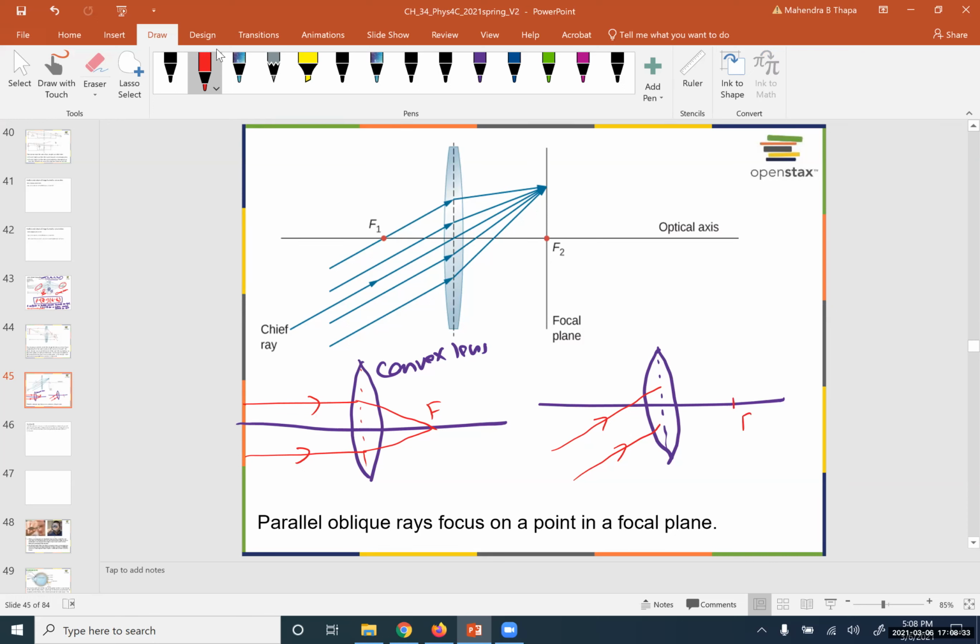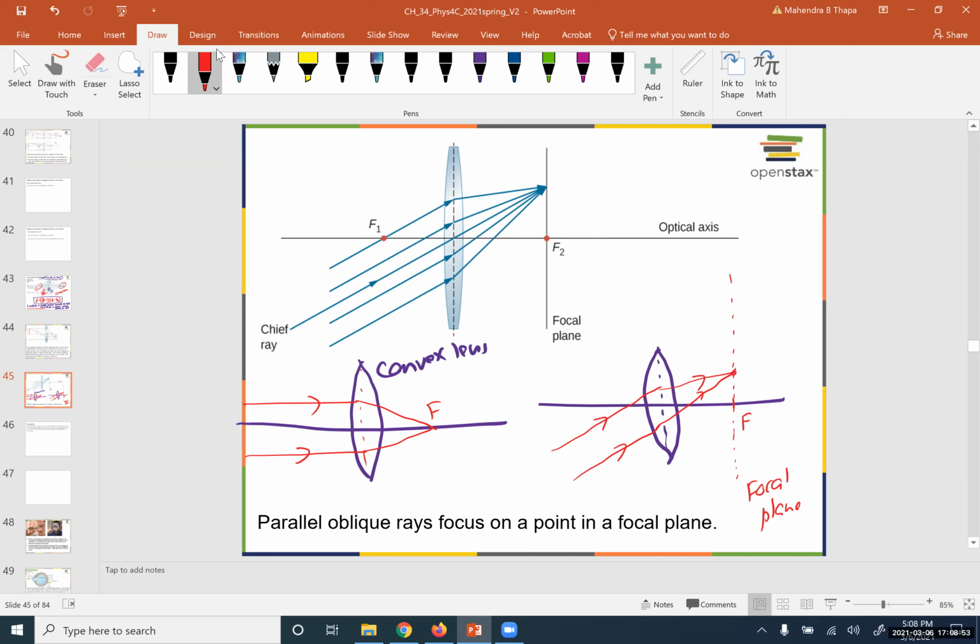They will meet at some point in the focal plane, somewhere here. This is also called the secondary focus.